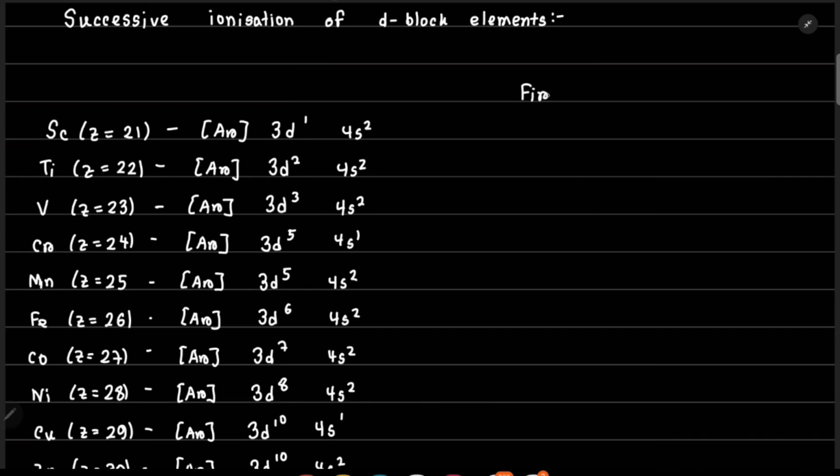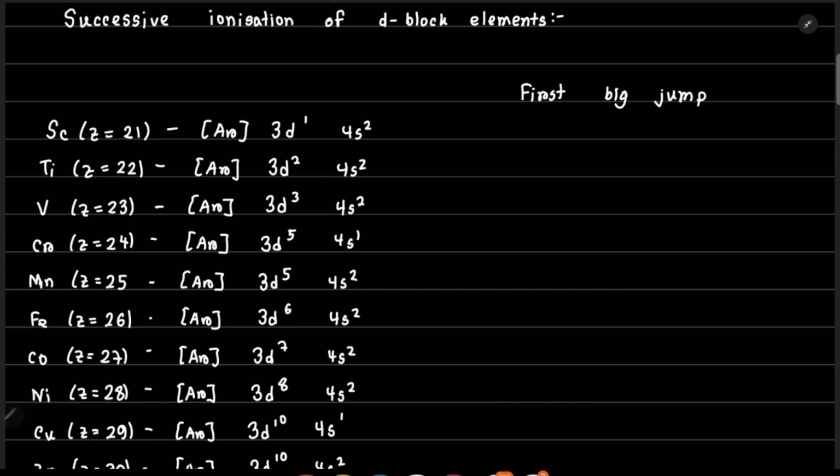First big jump. From what we learned previously, when we move down a quantum shell, so when we move from the fourth quantum shell to the third or the third to second, there is the first big jump.